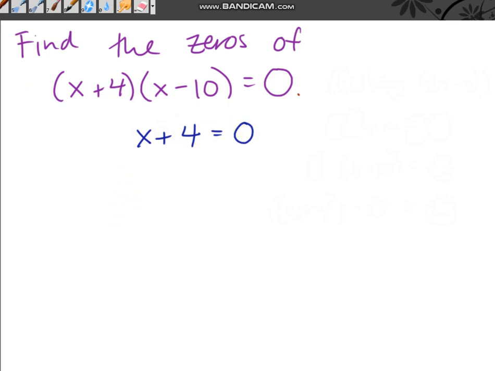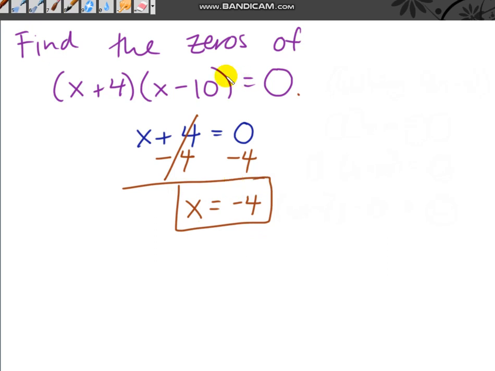I hope that you guys are able to solve something like this. This is very embarrassing if you cannot. We can subtract 4 from both sides, so we have x = -4.